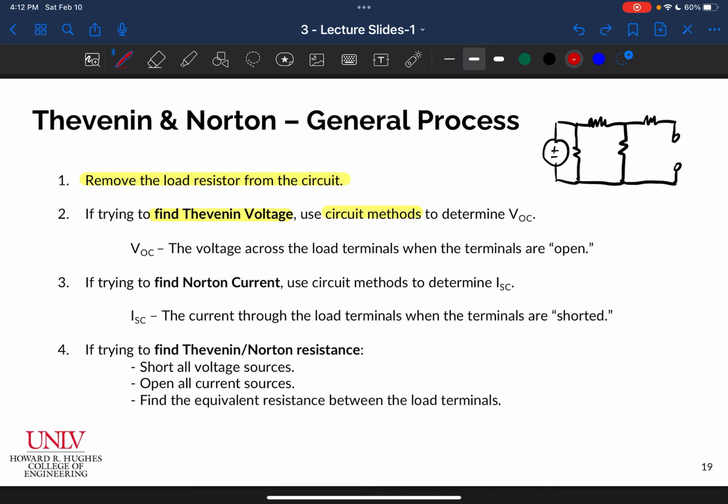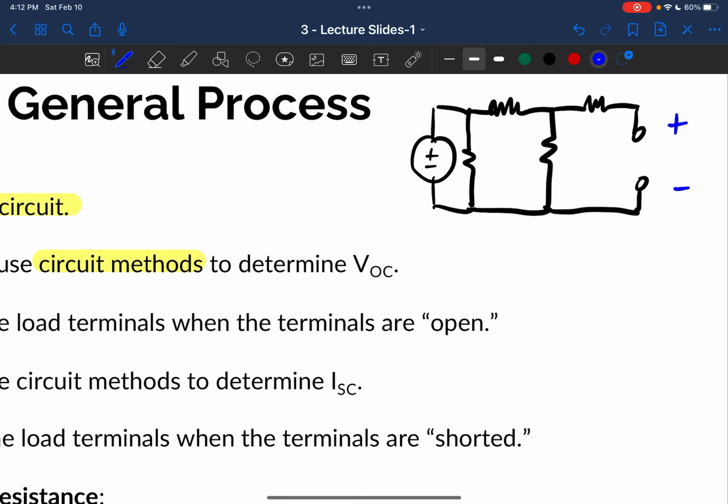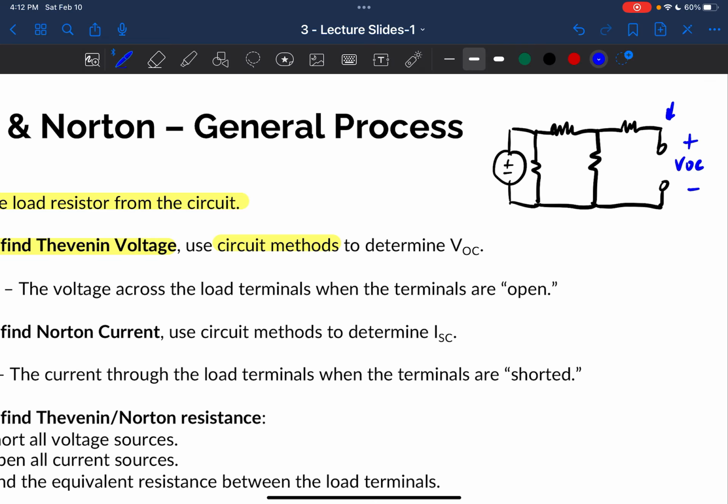So I took my load out, and what I have is an open circuit here where I removed my load. This is called an open circuit, of course. It has no current flowing through it. So the voltage that I would measure there, if I solve this circuit, would be this node voltage, I'll call it VN1, minus this node voltage, I'll call it VN2.